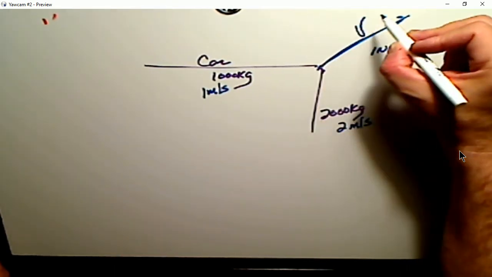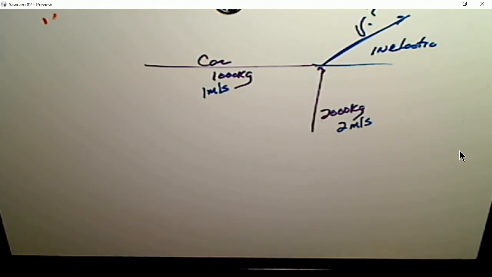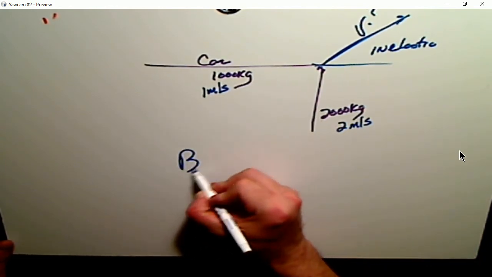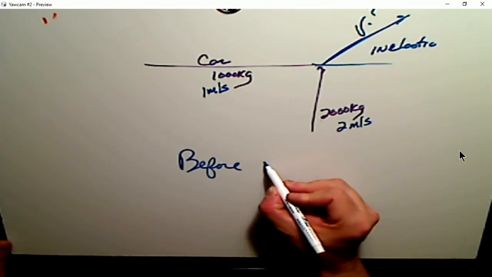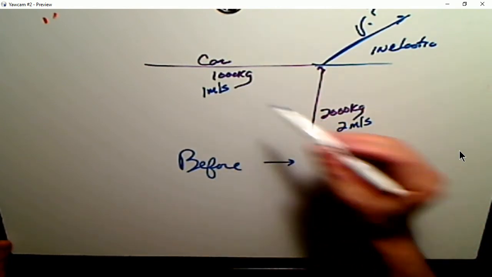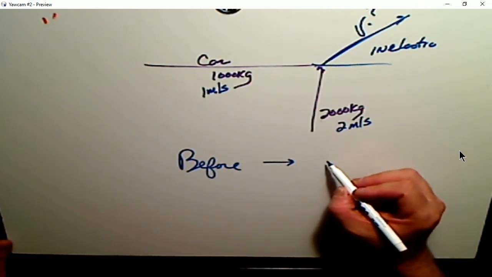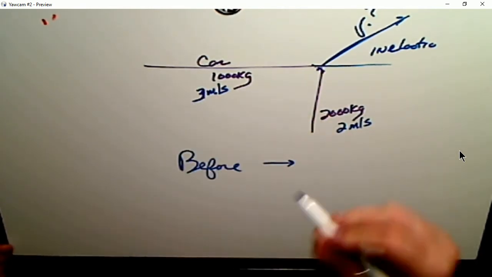What is the velocity of this resultant mass? Well, before, in the x direction, we have what? Just the car, right? I'm sorry, I defined this as a 3.